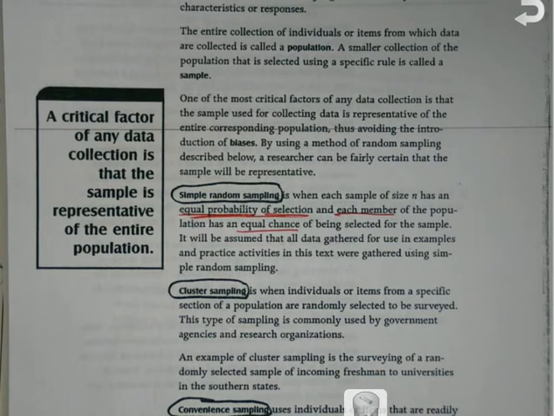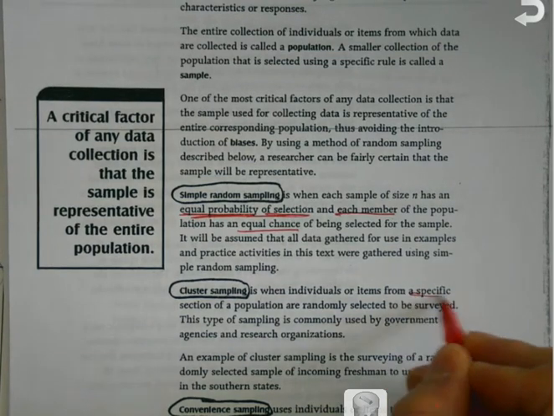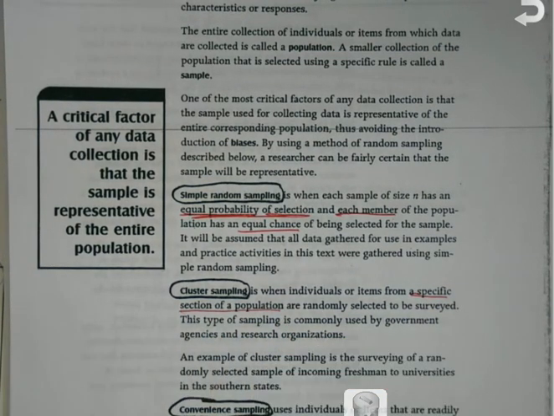Cluster sampling is from a specific population. Now it's still random, but now I'm kind of narrowing down the group that I want to work with. And the example they give here is randomly selected sample of incoming freshmen to universities in southern states. I'm going to specific universities in a certain area, but once I get there, I'm putting some randomness into it.